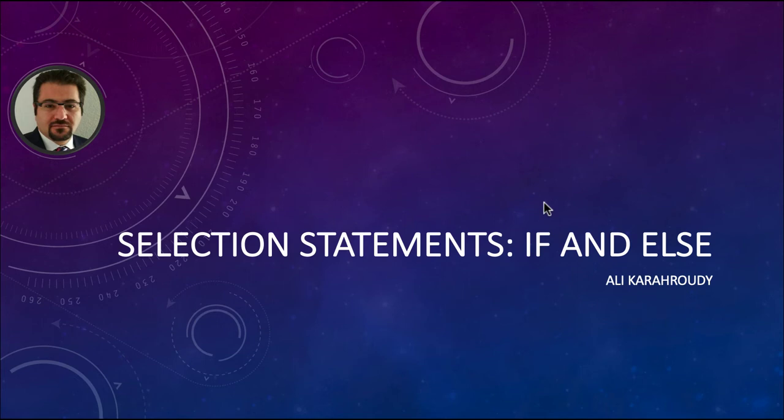The first to begin with is going to be the selection statements, something that is very famous as if then else, or if and else. The if keyword basically is used to execute a statement or block if and only if a condition is fulfilled. Let's go to the syntax and look at how we implement that.